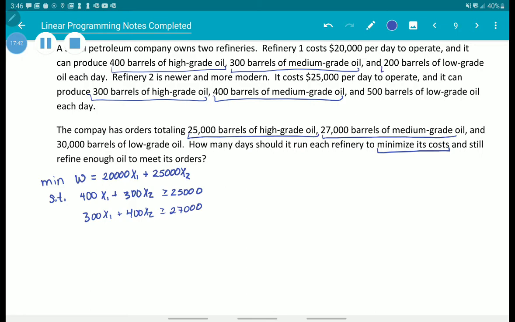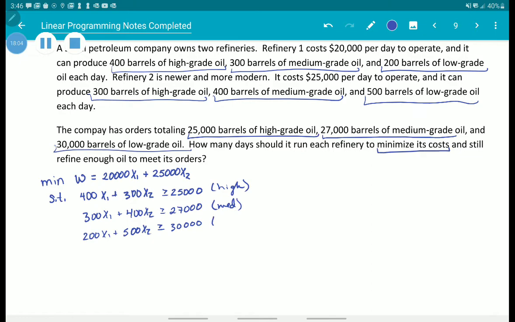And then 200 barrels of low grade for refinery 1, 500 of low grade for refinery 2. And that's got to be greater than or equal to the 30,000 that we have an order for. So remember, this is for high grade, this is for medium grade, and this is for low grade.